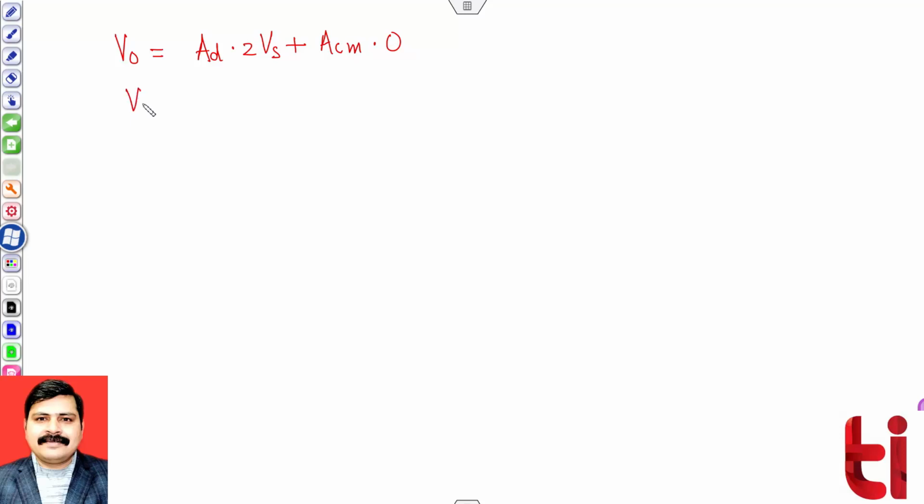That means my output voltage is AD into twice Vs. So at the output I will have my signal multiplied by twice the differential gain. That means the common mode signal will not be there. So what is the benefit of this case?